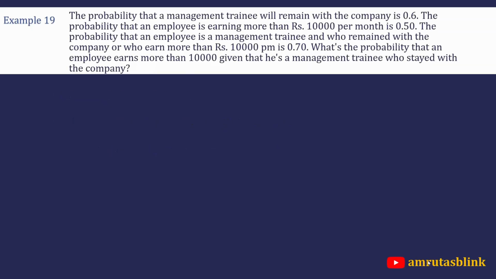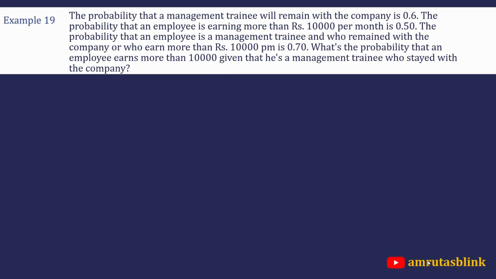Let's look at example number 19. The probability that a management trainee will remain with the company is 0.6. The probability that an employee is earning more than 10,000 per month is 0.5. The probability that an employee is a management trainee who remains with the company or who earns more than rupees 10,000 per month is 0.7.